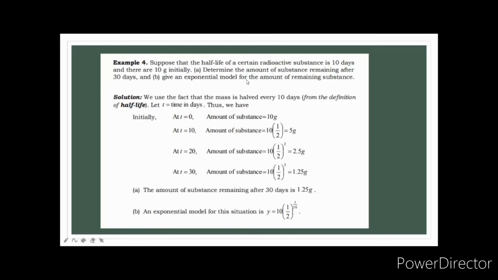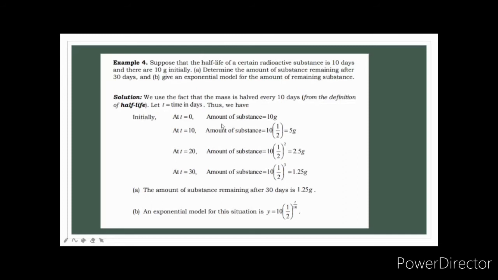Solution: we use the fact that the mass is halved every 10 days, from the definition of half-life. Let t equal time in days. Thus, initially at time 0, or t equal to 0, the amount of substance is 10 grams.